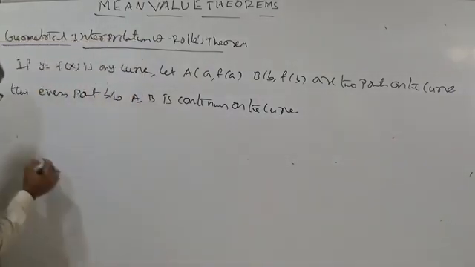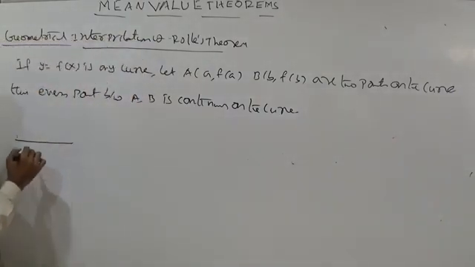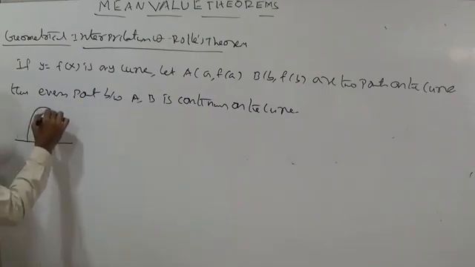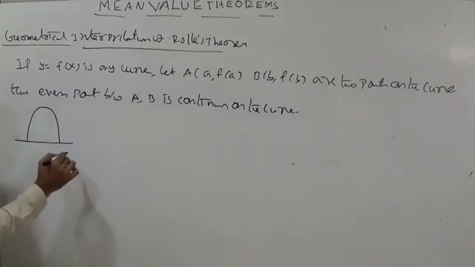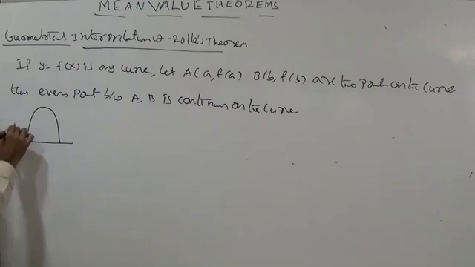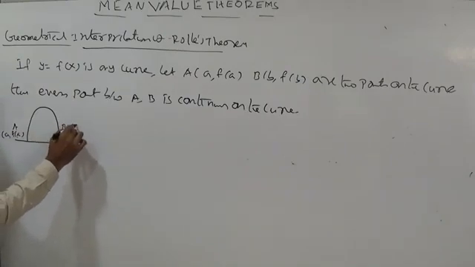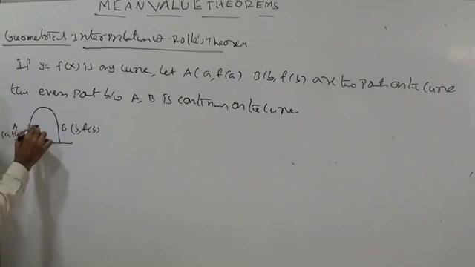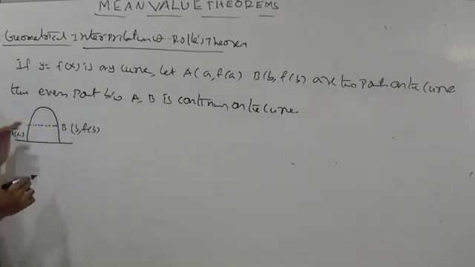What is the definition? Every point should move in a continuous way. Let us take this curve like this. Put here A, a comma f of a, and put here B, b comma f of b. Here let it be a chord.